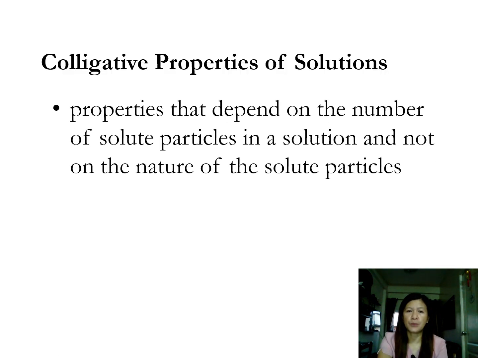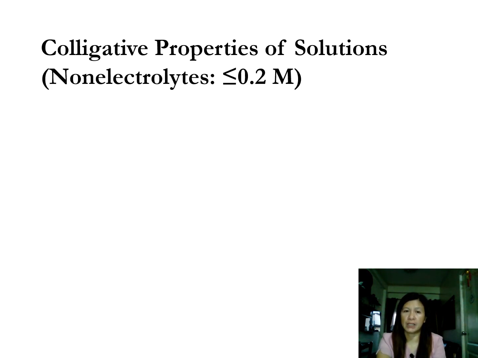Colligative properties are properties that depend on the number of the solute particles in a solution and not on the nature of the solute particles. They are collectively called colligative properties because they are bound with the same origin, which is the number of solute particles, not the nature of the solute particles.